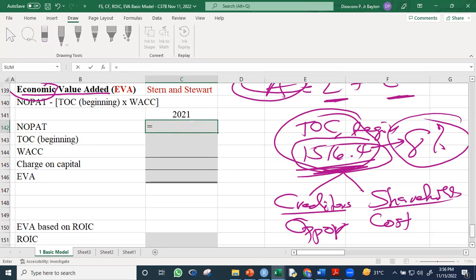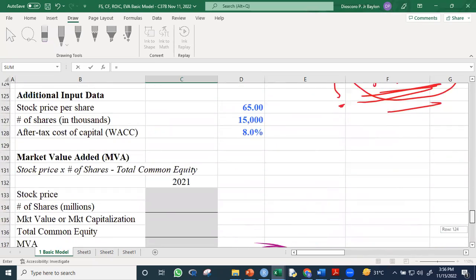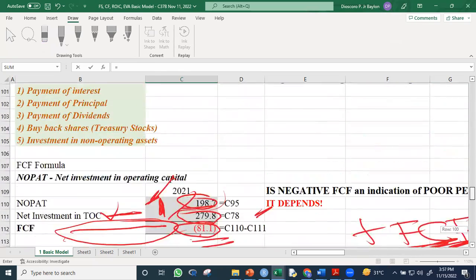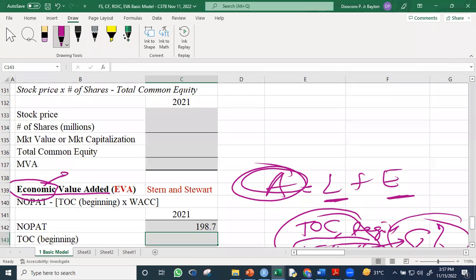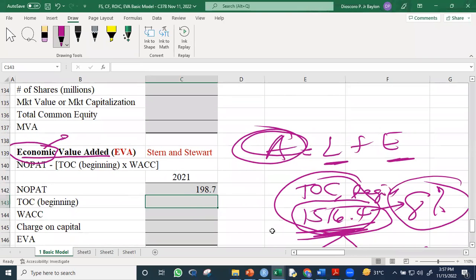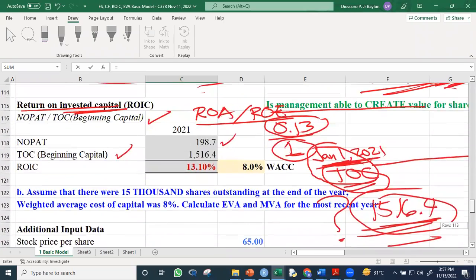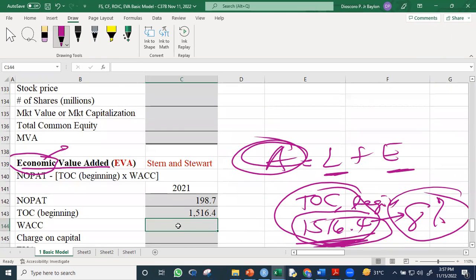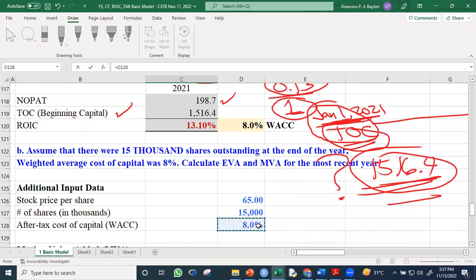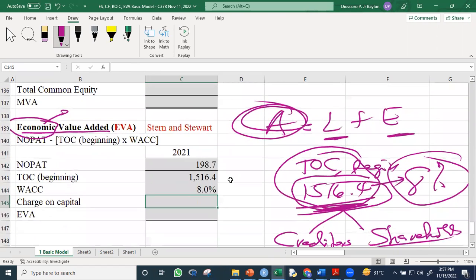So i-compute muna natin si NOPAT. NOPAT is 198.7, di ba? 198.7. In generating the NOPAT, how much capital was given? Management was given 15.16.4, and the cost of capital is 8%. So ang gagawin natin, i-charge natin si management ng paggamit nitong 15.16, kasi nga hindi dapat free yan.